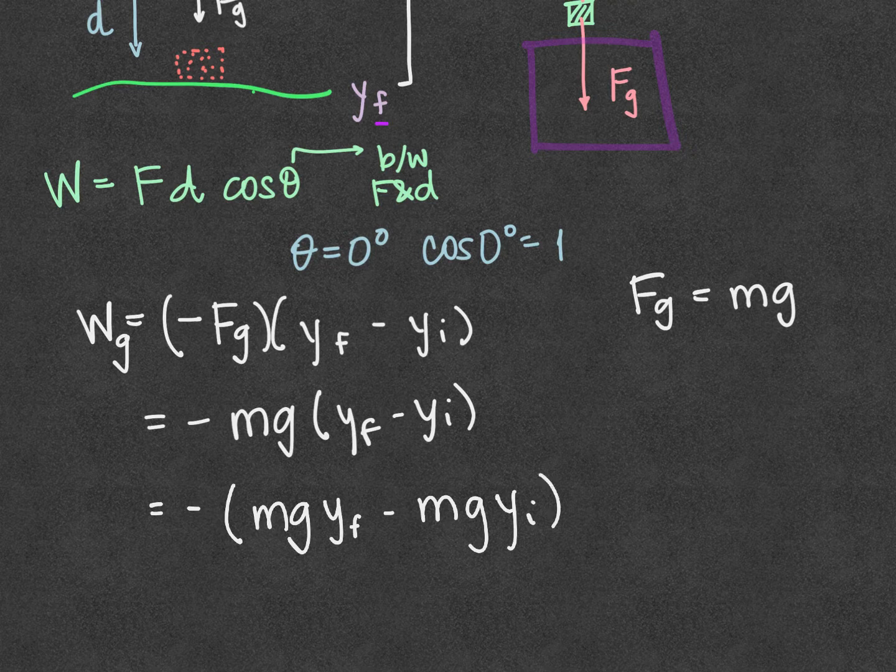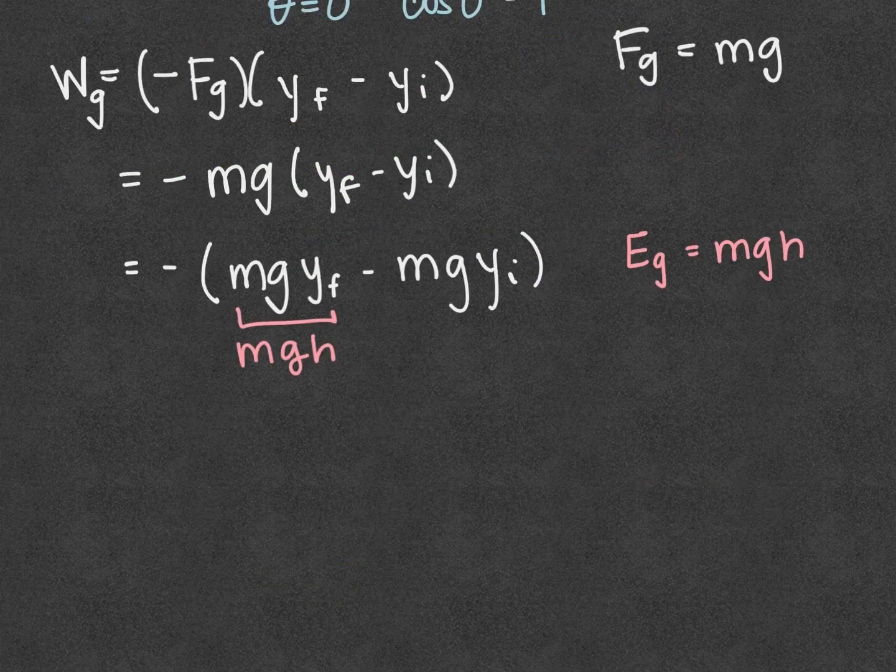Now this looks very familiar to me because y is a position. This looks a lot like mgh. Our energy stored in a position is mgh. So this means that the work done by the gravitational force will equal negative Eg final minus Eg initial.